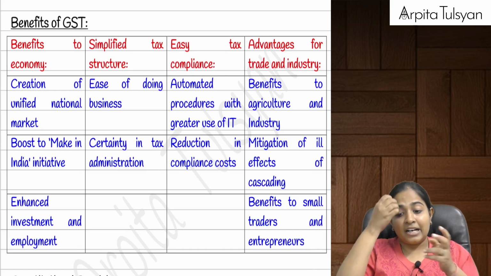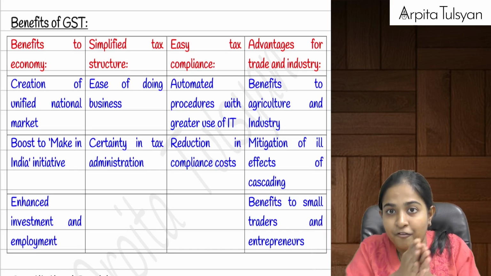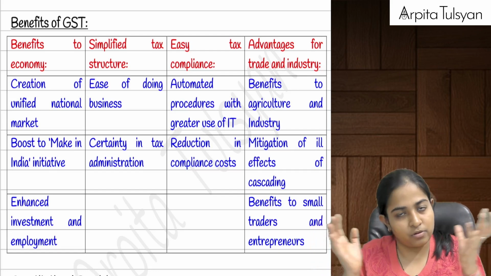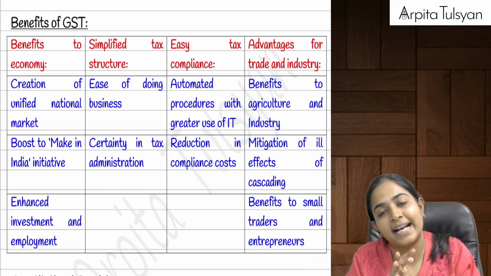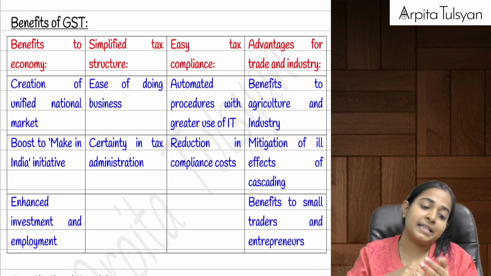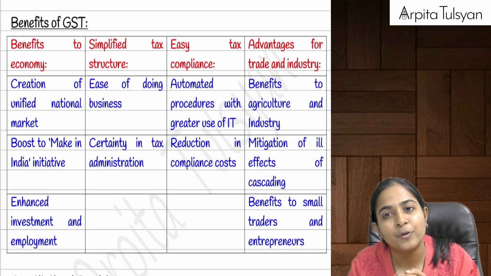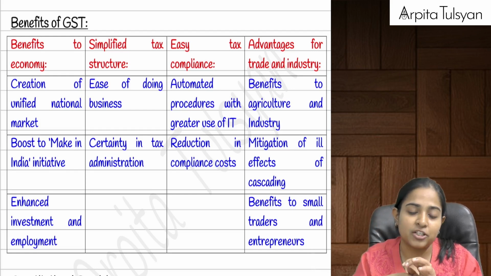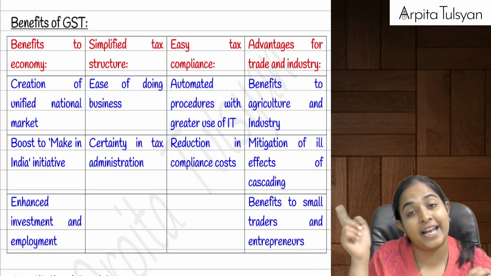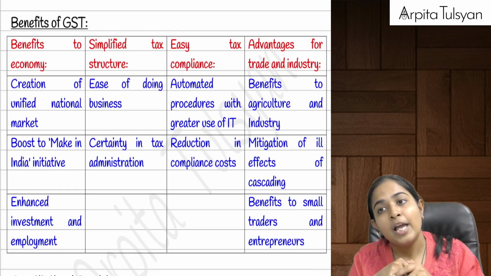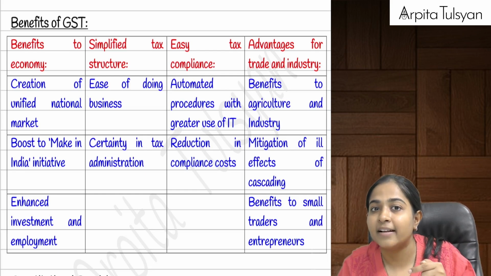Then after that, because so many taxes have gone and only one tax is applicable, it becomes easy from the taxation point of view, and from the tax administration point of view also. Can we say even costs have started reducing?